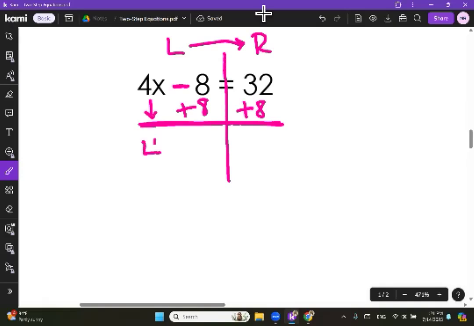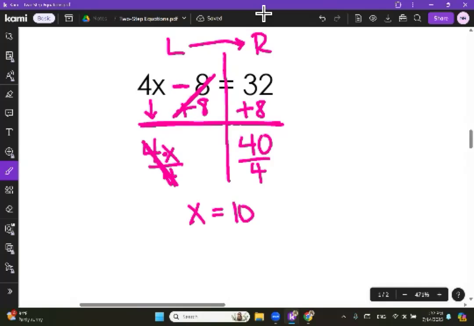Didn't do anything with 4x, bring it down. 8's zero out, 32 plus 8, 40. Nothing connecting 4 and x, automatically multiplication. The opposite of multiplying 4 is to divide by 4. 4's cancel out. 40 divided by 4, 10.